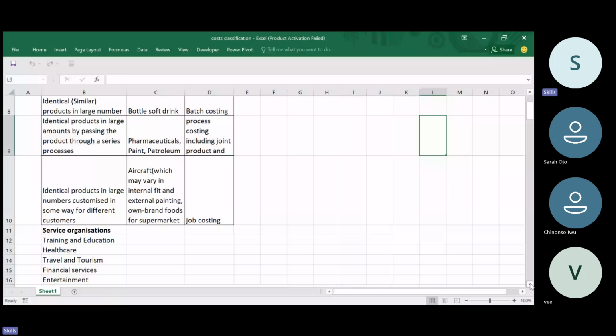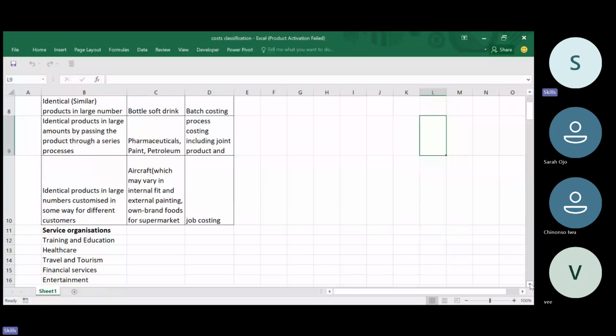For example, aircraft, which may vary in internal fit and external painting. Just like aircraft, but this one you are producing it for a particular customer and you are changing some specifications. The internal fitting will not be like the general ones you are producing. The painting will not be the normal painting that other aircraft has.